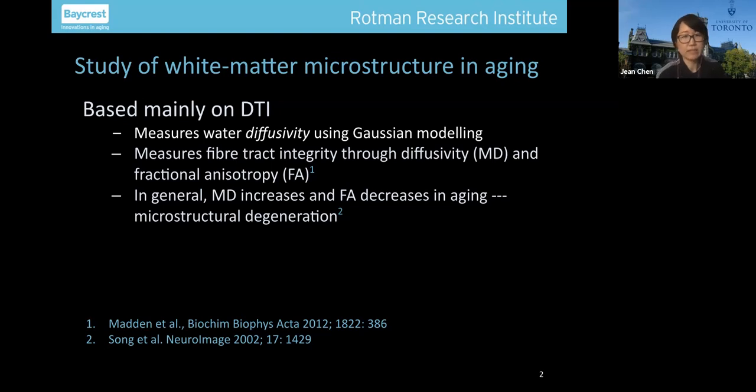They are both based on the assumption of a Gaussian diffusion. In general, in brain aging, when we observe mean diffusivity increases and fractional anisotropy decreases, which are widespread across the brain, then we say this is an indication of microstructural degeneration.